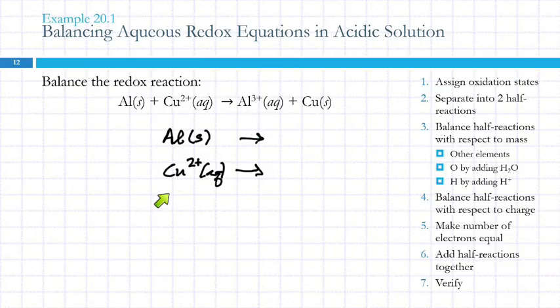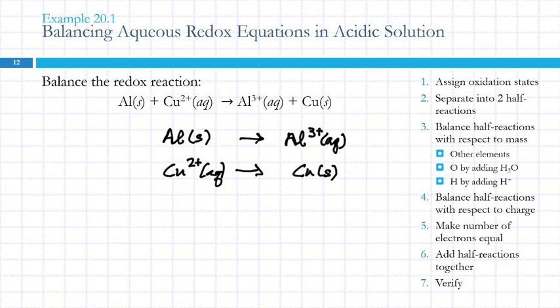Could you possibly get copper ions to turn into aluminum ions? That's ridiculous, right? The aluminum ion needs to go with the aluminum reactant, so we'll put it there. And then the copper has to go with the copper reactant, right? They just match up nicely.